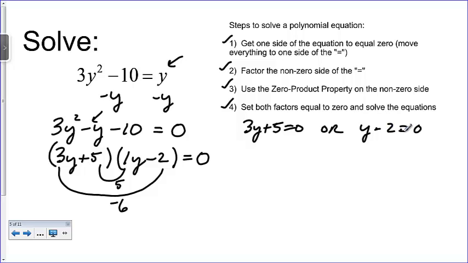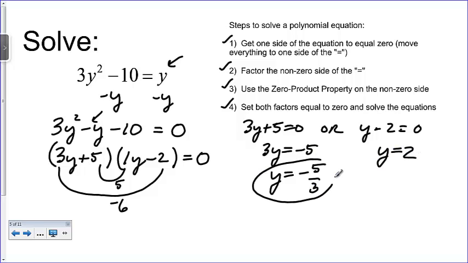Solve both of these equations. Here we would subtract 5 from both sides and then divide both sides by 3, and I get y equals negative 5/3. Here just add 2 to both sides and there's my second solution. So y equals 2 or y equals negative 5/3.